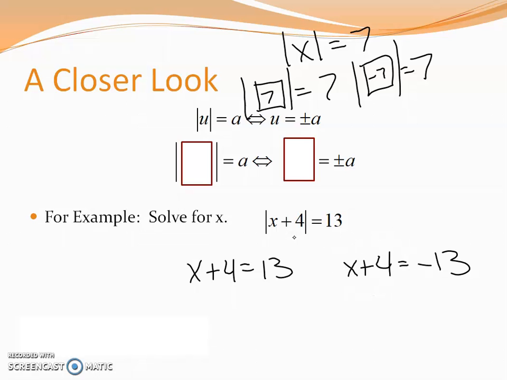The reason we do that is for this statement right up here: the part on the inside could equal 13 or it could equal -13 and it would still make that true. So the first step is to set up two equations, one with the positive 13, one with a negative 13. Once I do that, I just solve. When I subtract 4, I get that x equals 9.